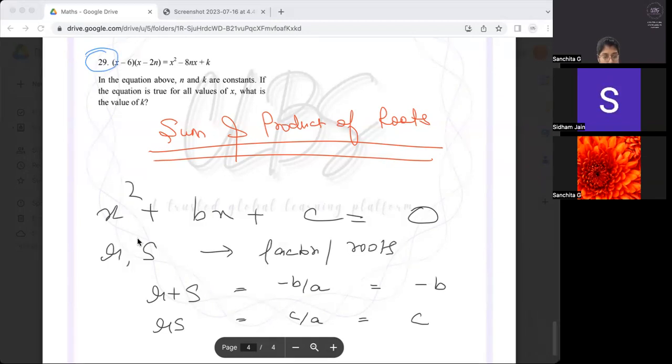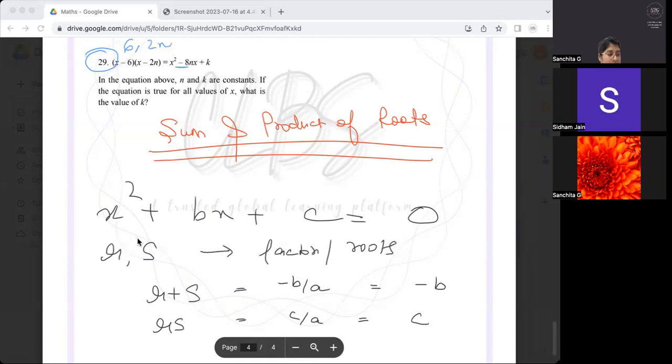Is it 12 and 12? Yeah, it is correct. Now see, the left hand side is 0 when x is equal to 6. My factors are 6 and 2. Now, if I take the sum, I will have to equate it to negative 8n.